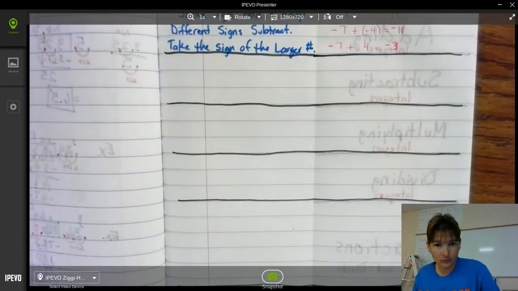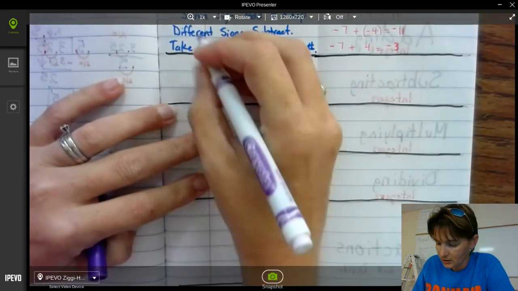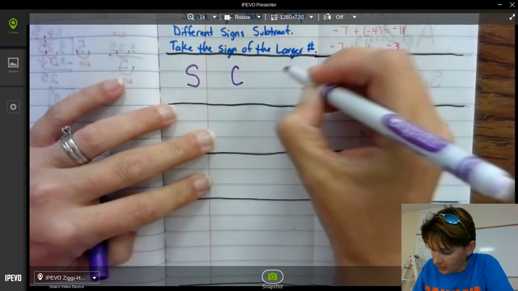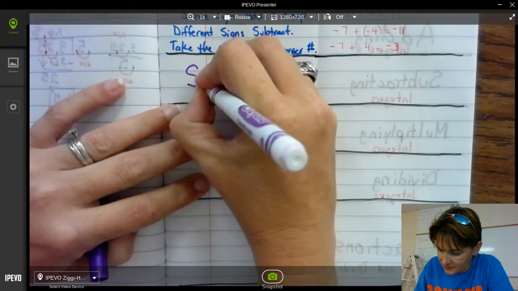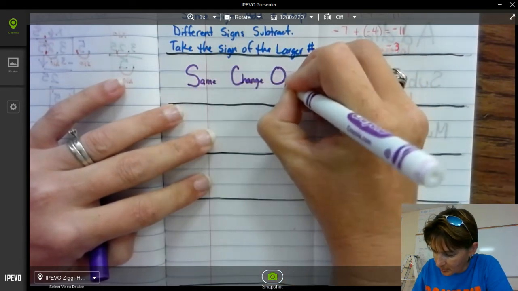Our subtracting rules, we did SCO, because that's our next section. SCO, which is same, change, opposite.